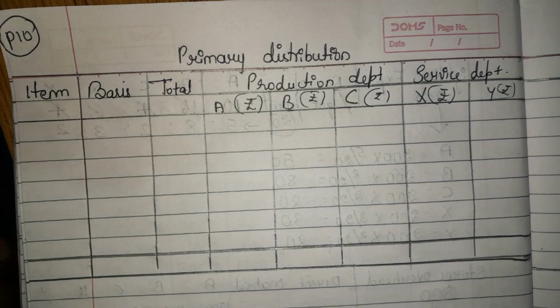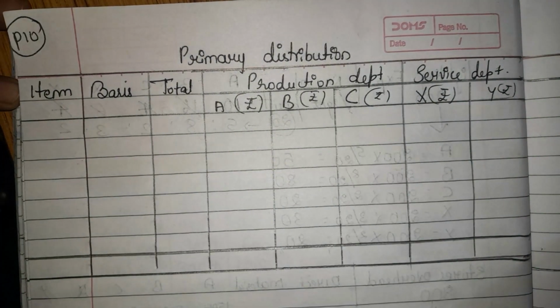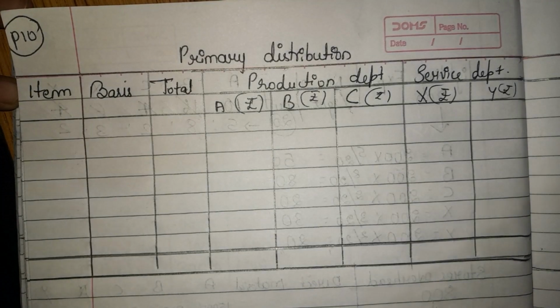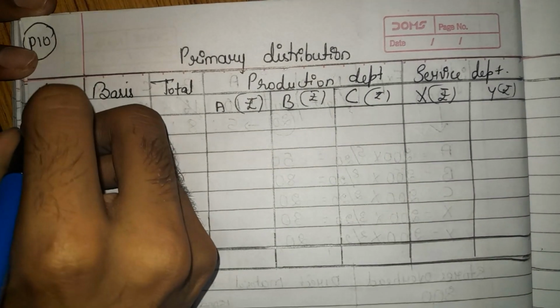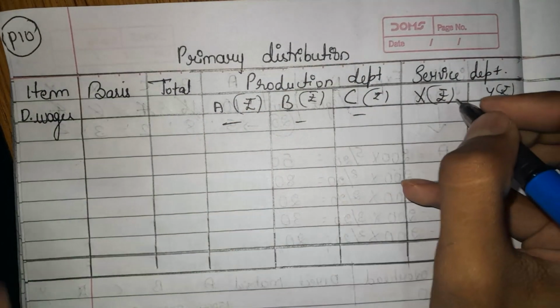Now first, always we need to do what? We need to divide the direct wages. First we need to always divide the direct wages only for service departments.